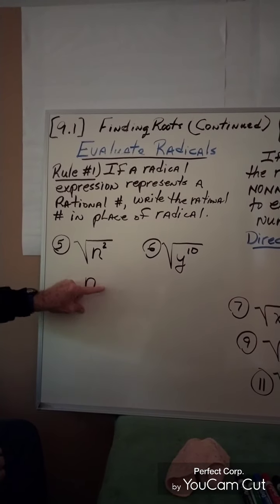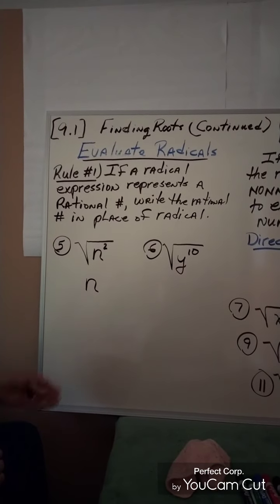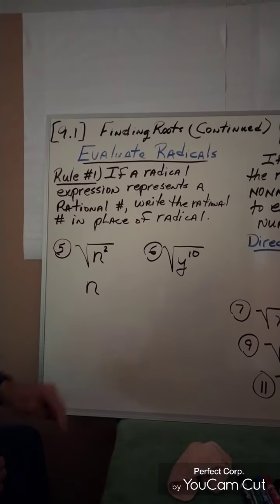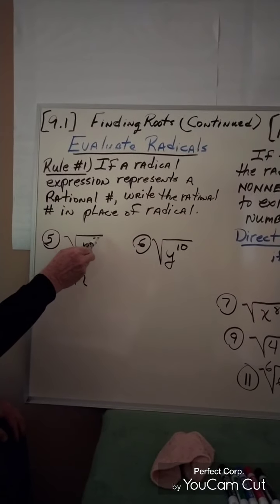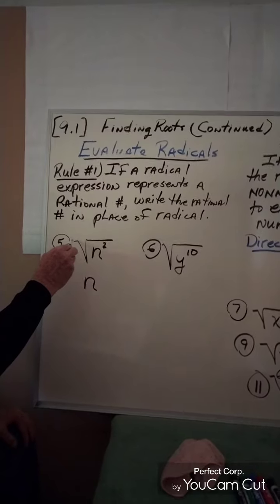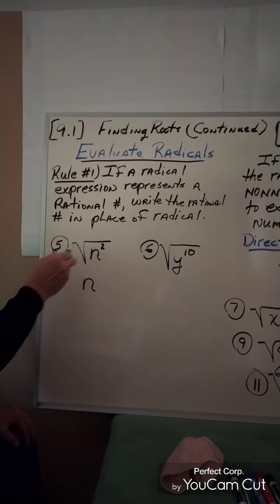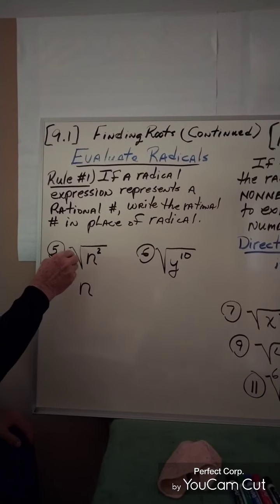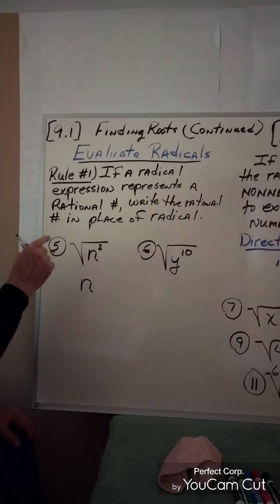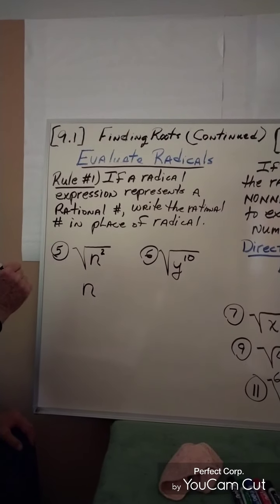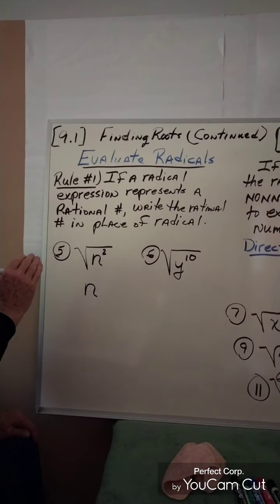So the value of this answer of n can be negative according to the definition of a variable. But if we come back up to the original problem, it's underneath that radical sign. It's a square root situation. And remember, the definition of that radical sign is the positive square root of. That means the answer has to be positive.